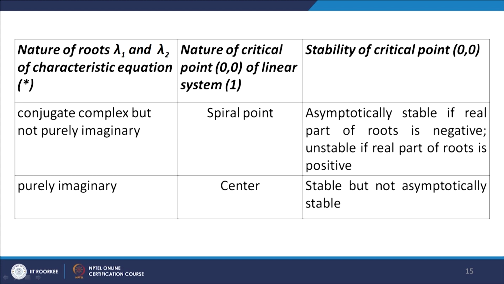We had seen that in this case (0, 0) is a spiral point, and if alpha is negative, then the point (0, 0) is asymptotically stable, but if alpha is positive, then the point (0, 0) is unstable. And just now we discussed the case where lambda 1 and lambda 2 are purely imaginary, that is, plus minus i beta. In that case we had the critical point at (0, 0) as a center. It is stable but not asymptotically stable.